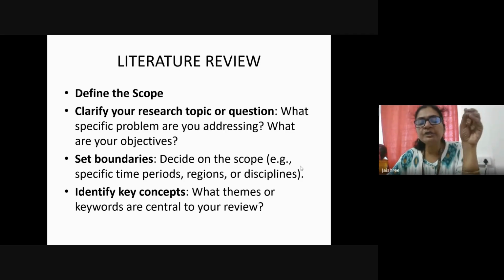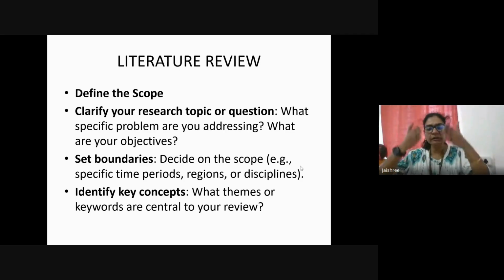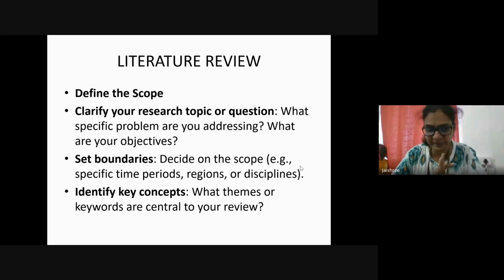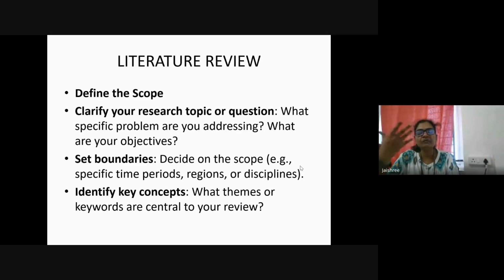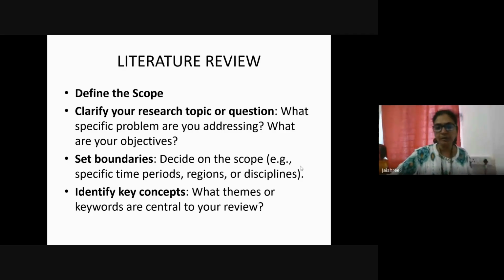So now you are narrowing down your problem after you do your literature review, as you have identified the literature gap, and you say what specific problem you are going to address. Then you set boundaries. You decide on the scope, the specific time periods, the regions. Regions is the place where you are going to do your field work, your analysis, your methodology, and how you are going to do this research. Then you identify your key concepts. What themes or keywords are central to your review.